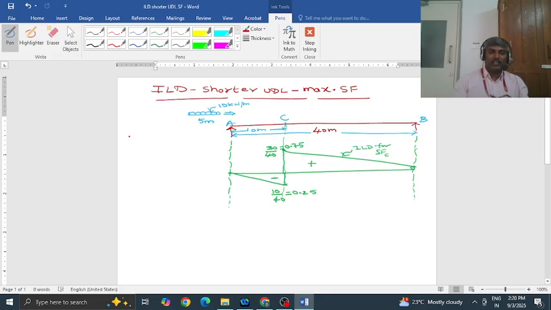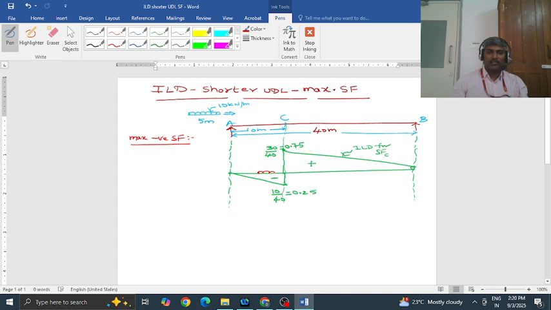So first let us calculate maximum negative shear force. Okay, so we calculate maximum negative shear force first. So how to position this UDL?